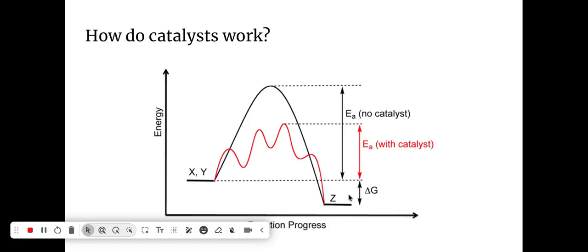So, how does a catalyst exactly work? With every chemical reaction, you have an activation energy. If your activation energy is super high, and you don't produce that much energy in the long run, then this jump from XY to Z is actually positive.